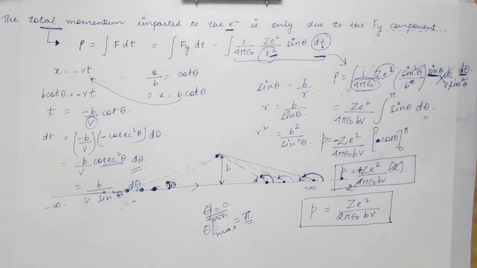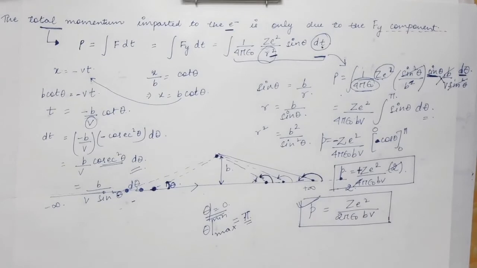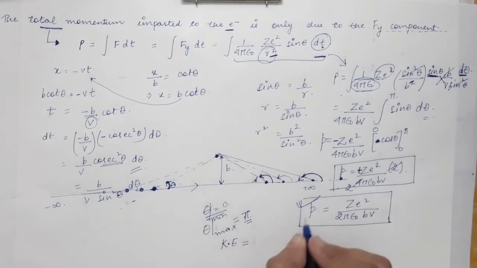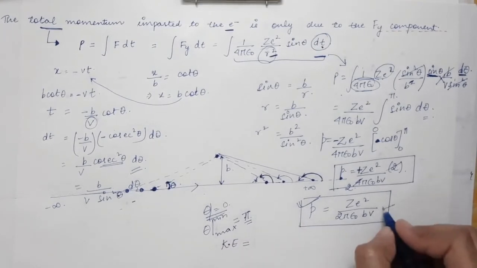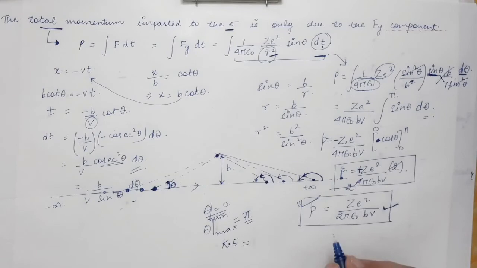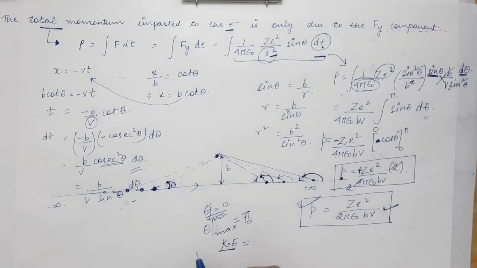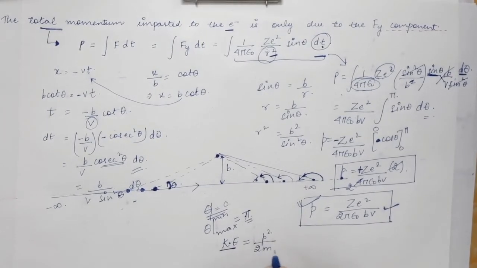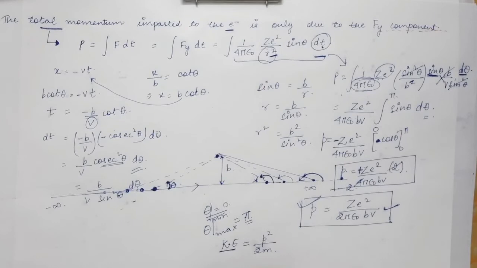Corresponding to this momentum, what is the energy which is imparted to the electron? The kinetic energy imparted to the electron is related to the momentum. This much momentum is given to the orbital electron by the heavy charged particle. The kinetic energy which is transferred is equal to p square divided by 2m, the expression of the kinetic energy of a particle whose momentum is p and mass is m.